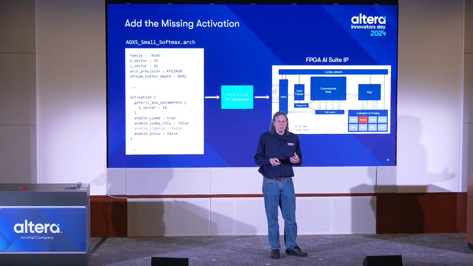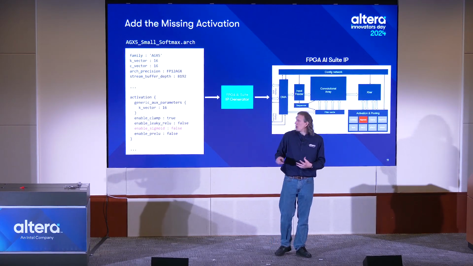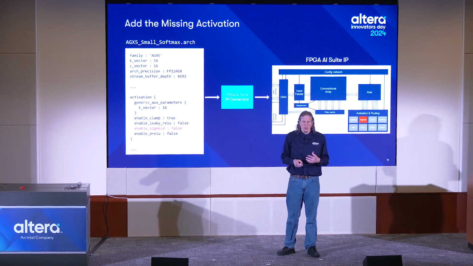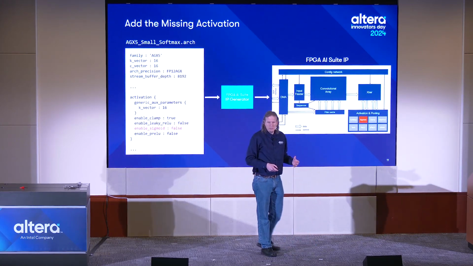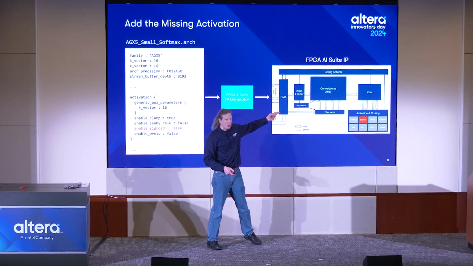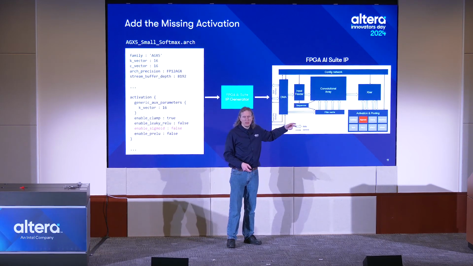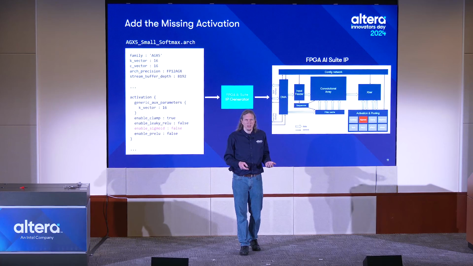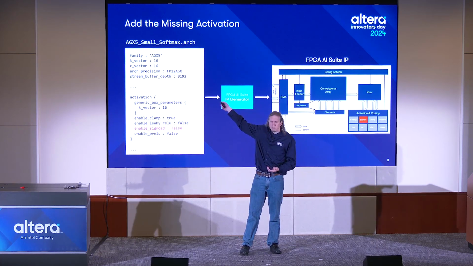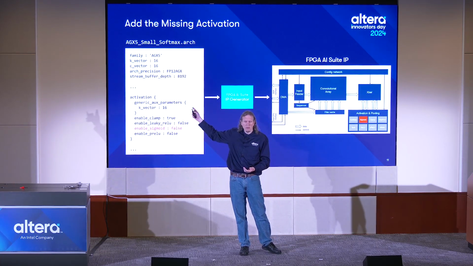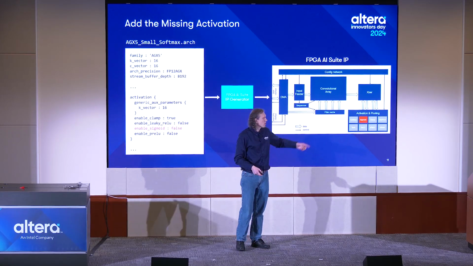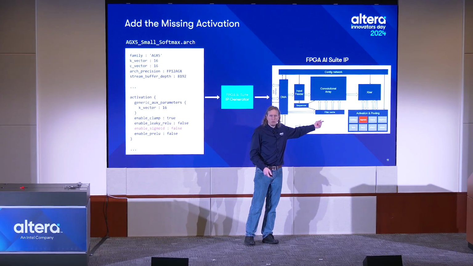It's useful to understand a bit about the IP that will go on the FPGA, even though today we're not going to compile that IP or use the IP generator. When we look at the diagram on the right, we can see that there is a convolution array, and the Arch file configures the size and the dimensions of this array. Those are the K vector and C vector parameters listed at the very top of that file on the left-hand side. Similarly, there is a filter cache over here that stores the graph weights.